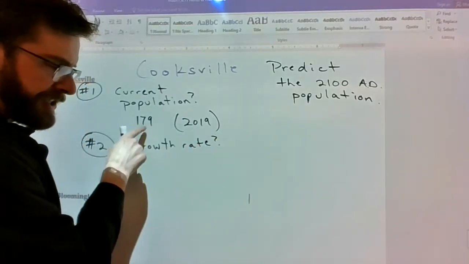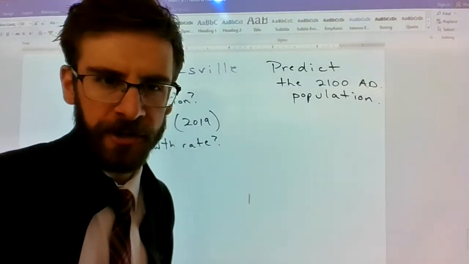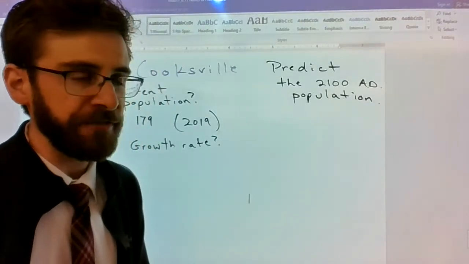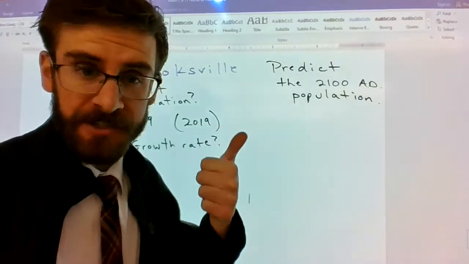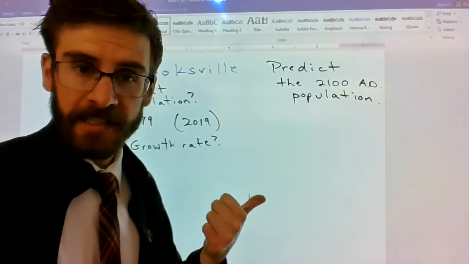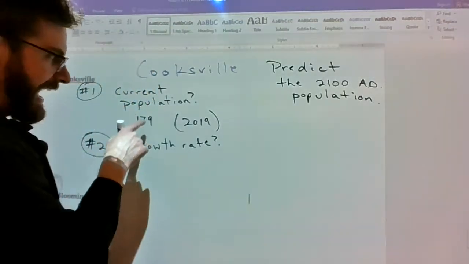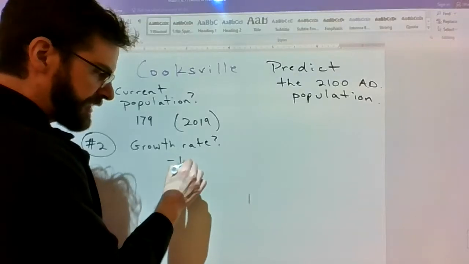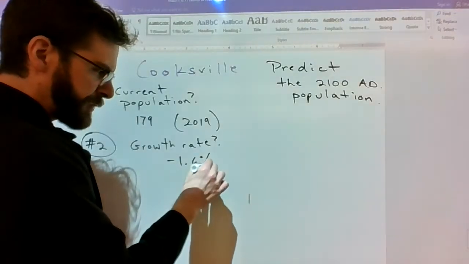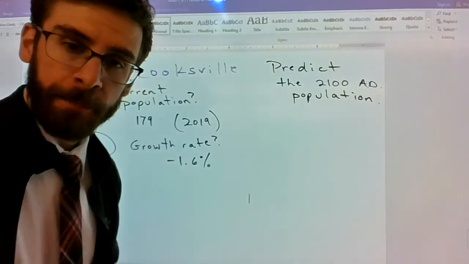At this particular moment, because the growth rate changes from year to year. If there's a slight boom in population growth, then it's increasing, it's positive. If people leave town, then it's going to go down a little bit. It turns out that when the population was determined, it was in the midst of a minus 1.6% growth rate, which really means it's declining by 1.6%.